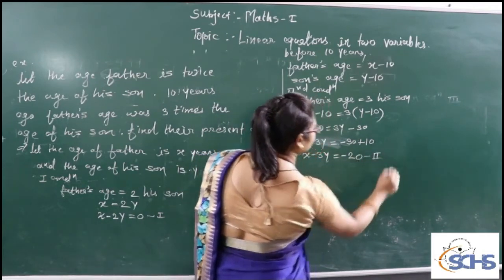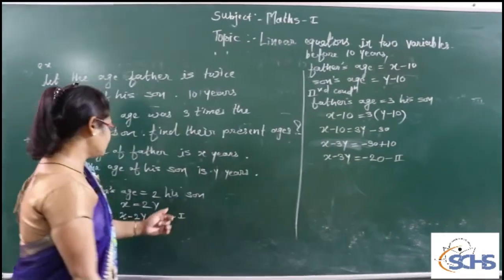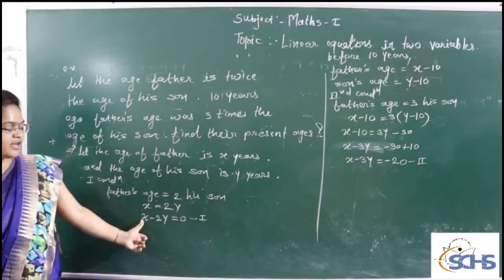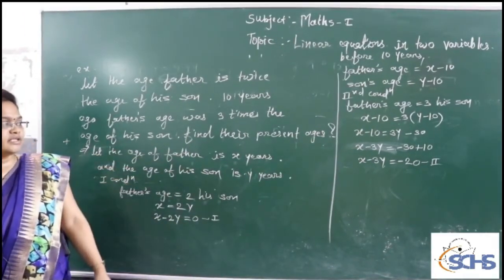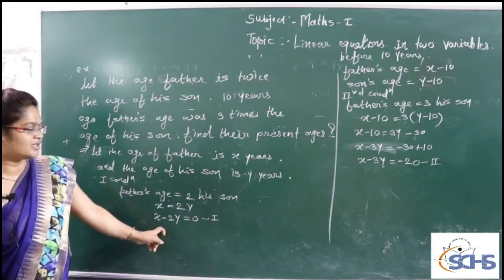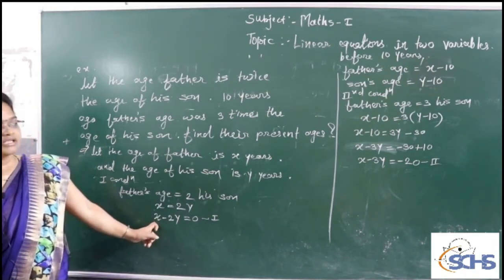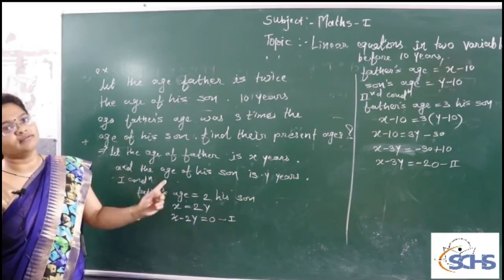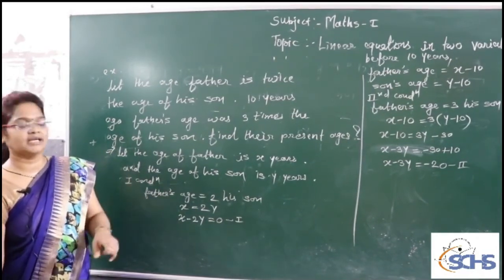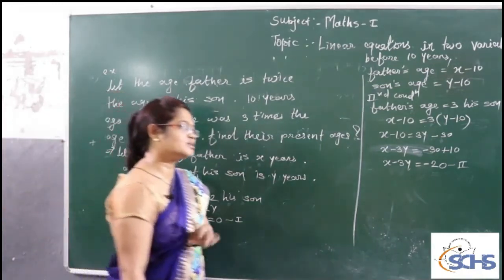That is equation number 2. First equation is x minus 2y equals to 0, and the second equation is x minus 3y equals to minus 20. In both the equations, first term is same with same signs, and I already told you that when terms are same with same sign, in that case we will do subtraction.